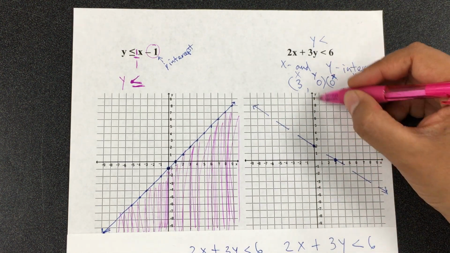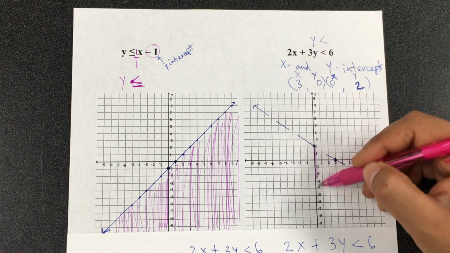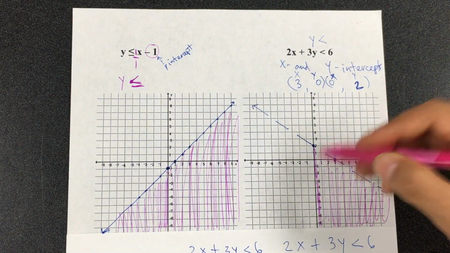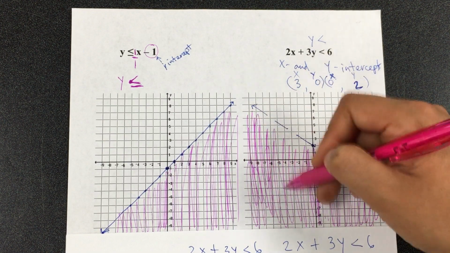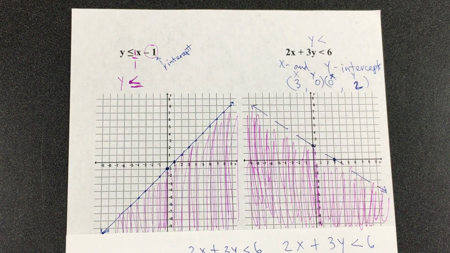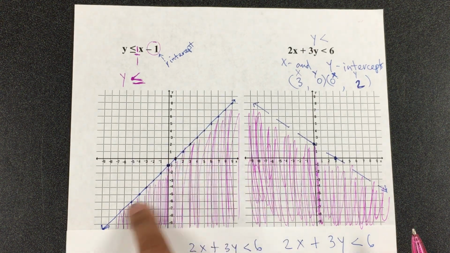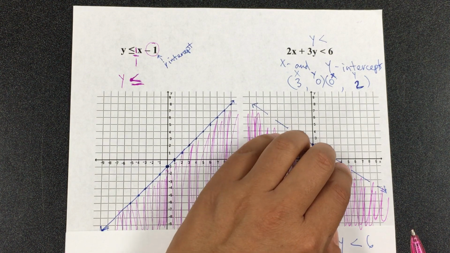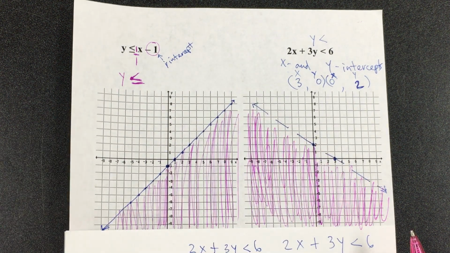Negatives are worth less than positives, so since y is less, we start shading down below the broken line, okay? So this means that the points down here are included in the solutions, but not the points on the line. That's what that means.